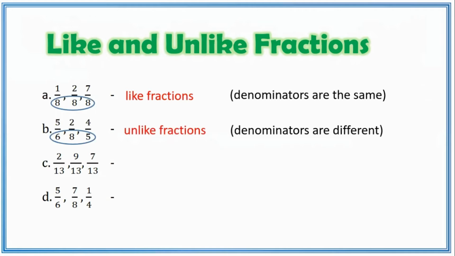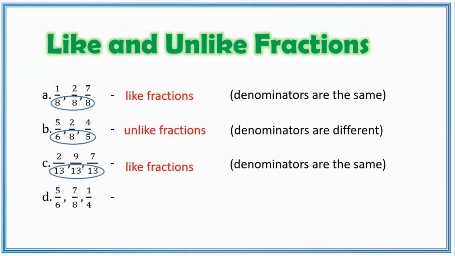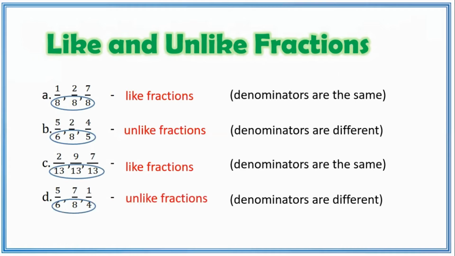Next, example letter C. Denominators are the same, so this is also an example of like fractions. And for example letter D, as you can see, the denominators are different, so these are examples of unlike fractions.